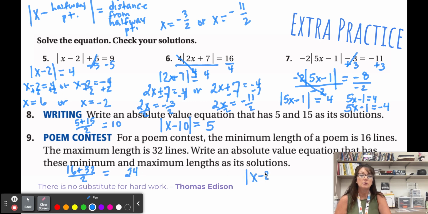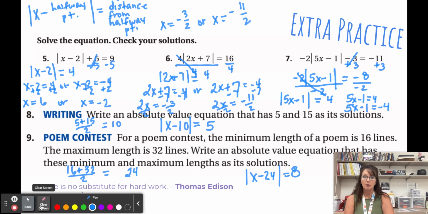X minus 24. Well, how far away from 16 is 24? How far away from 32 is 24? The answer to that goes right here, and it's 8. So x minus 24 is equal to 8 would be an absolute value equation that has those minimum and maximum lengths. Hopefully that was helpful.